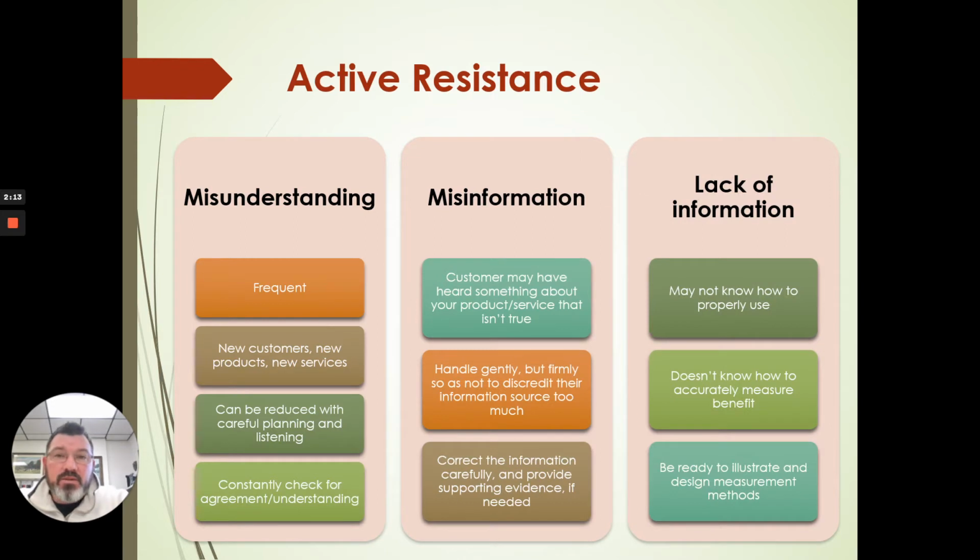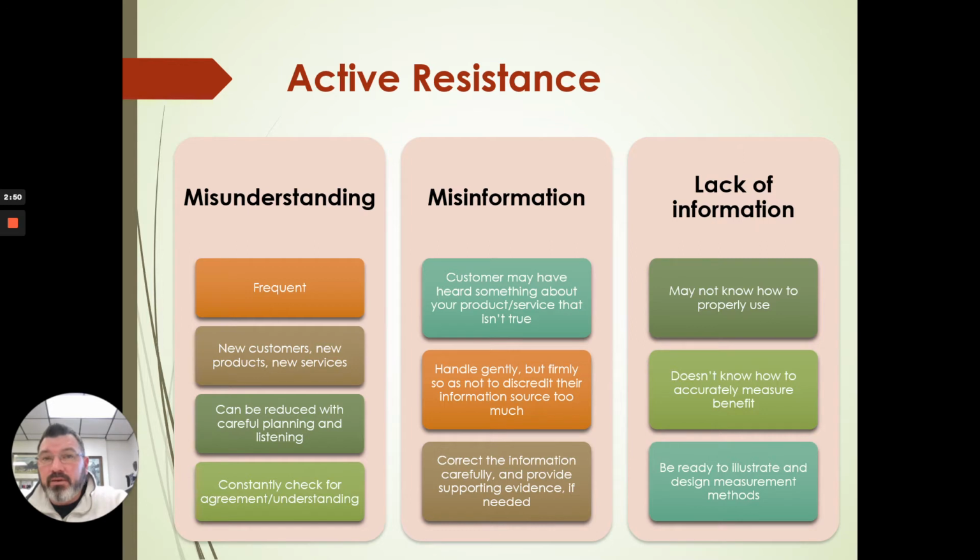When you look at the misunderstanding part of active resistance, this happens very, very commonly: customers just simply don't understand some features and benefits that you've explained to them. Especially with new customers, a very new product or a new service, they maybe just aren't very clear on what is available to them. You can really cut down on these types of objections if you work on your pre-call planning, to make sure that you're very clear on the product and service or the message that you're trying to get across.